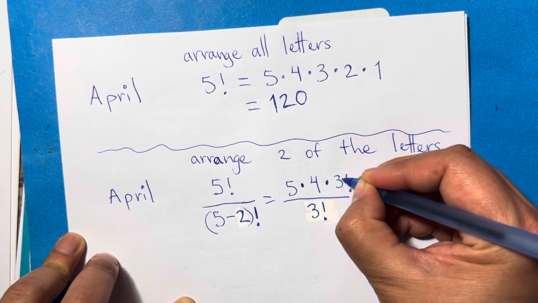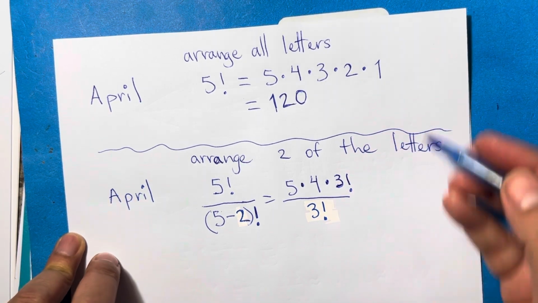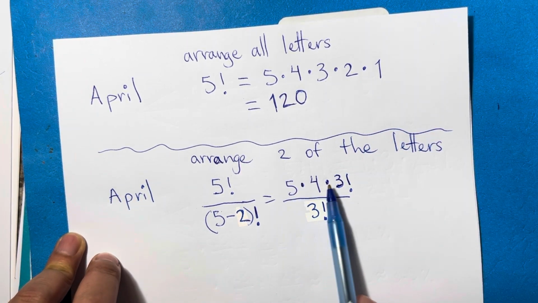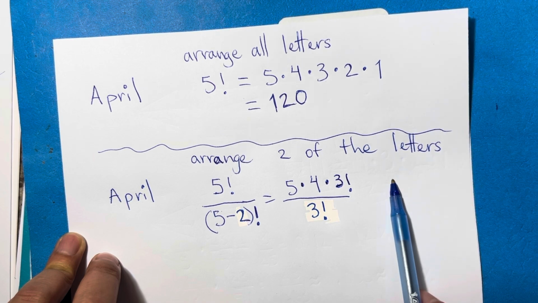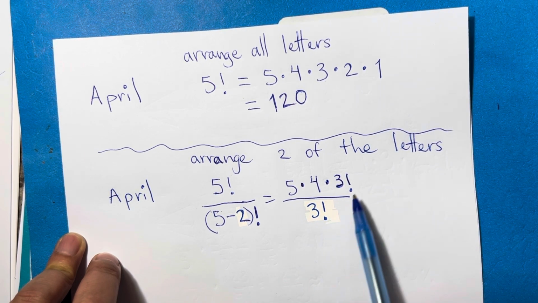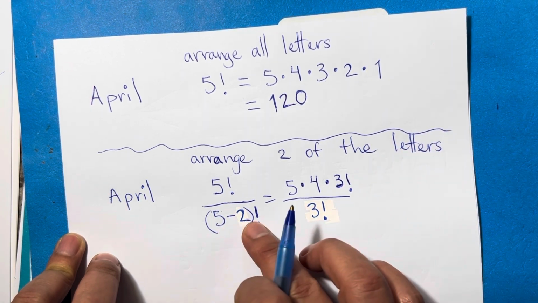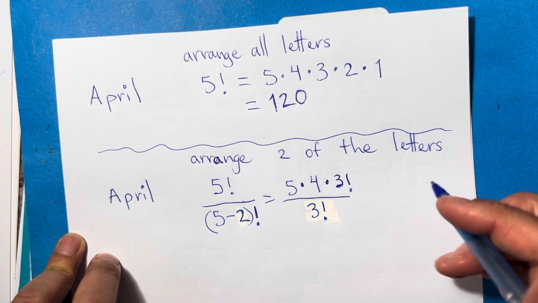The reason is because we're trying to save space. We're trying to save time, because we could do 5 times 4 times 3 times 2 times 1, and here 3 times 2 times 1, and cancel the 1, cancel the 2, and cancel the 3. But instead, we can just stop where we subtract. That's where we're going to finish.